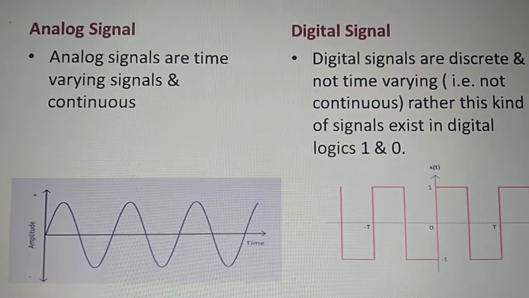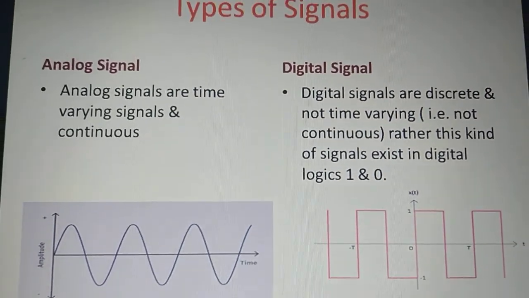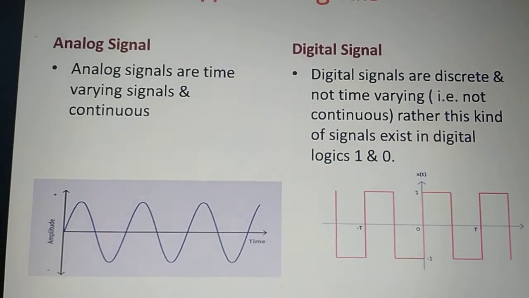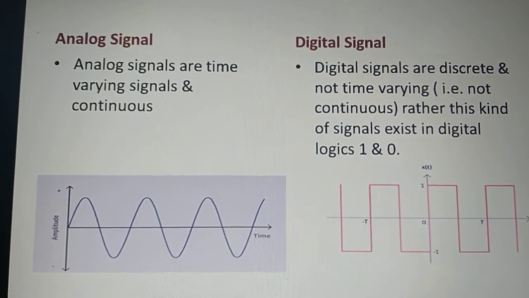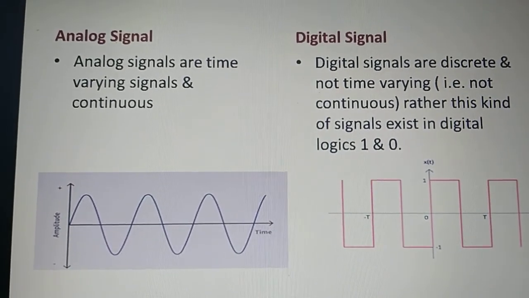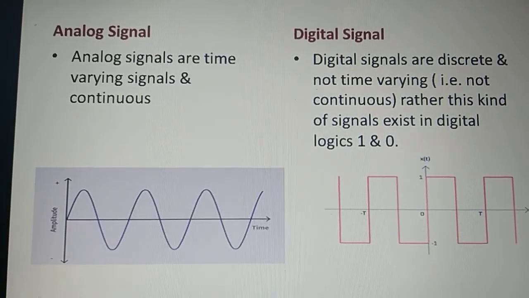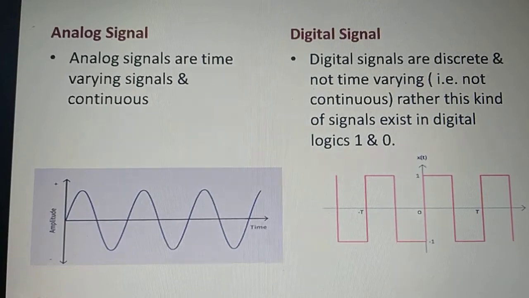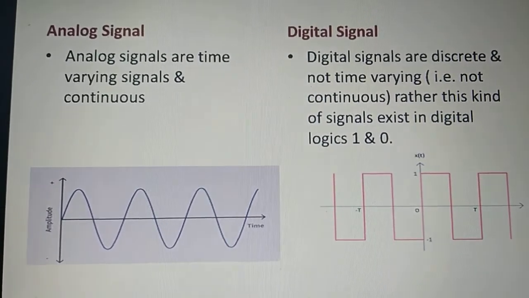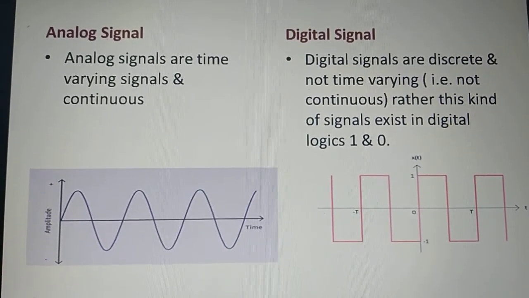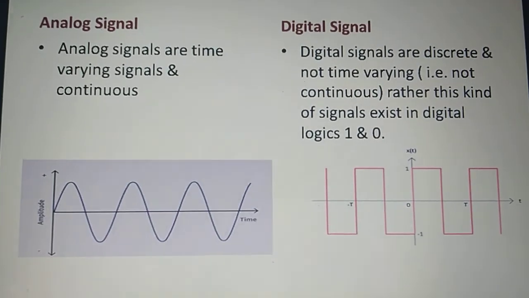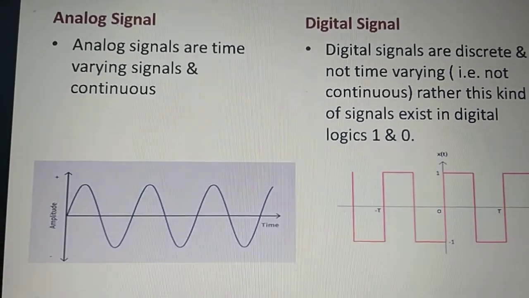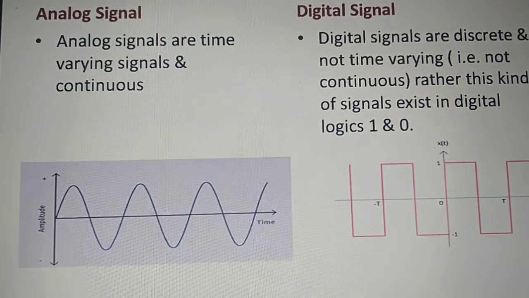Fine. And after that we studied the types of signals, and there are two kinds of signals. One is called the analog signal and the other the digital signal, which you already studied in some earlier standards. An analog signal is a signal which is time varying and continuous, and the best example of the analog signal is the sine wave and cos wave.